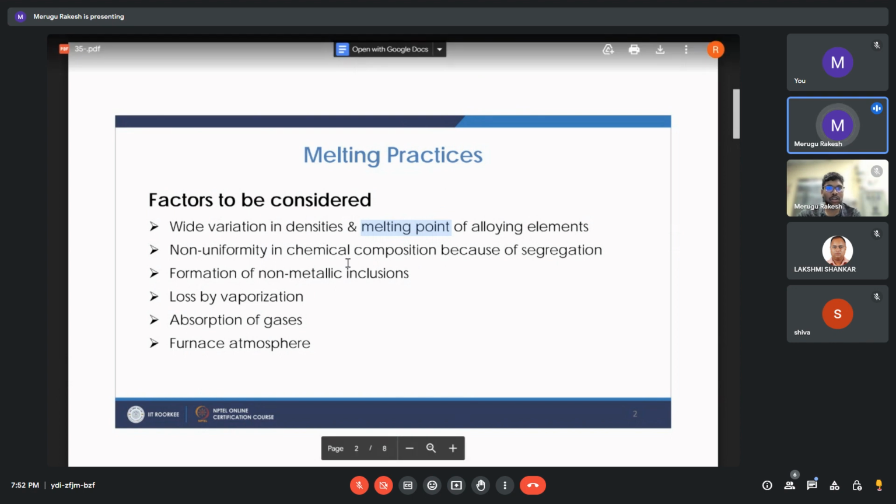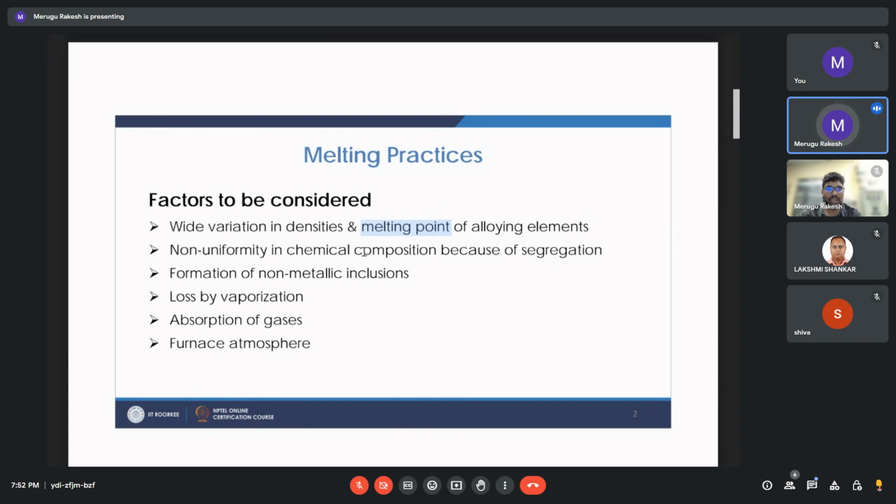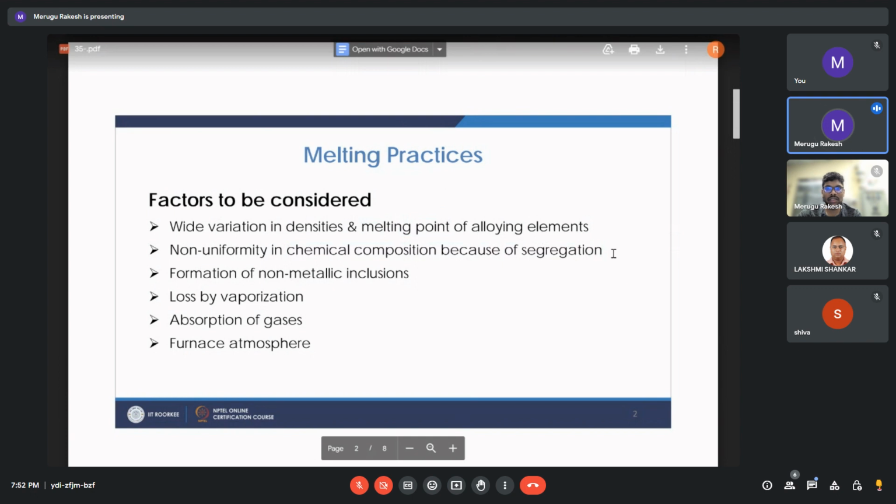The other is uniformity in chemical composition because of segregation. This segregation occurs due to the rejection of solute by the solid. As I explained earlier, when solidification is happening, the solid has less solubility of the solute we are adding.